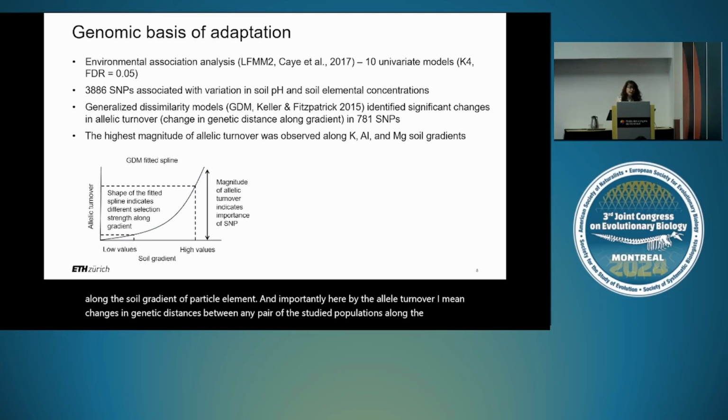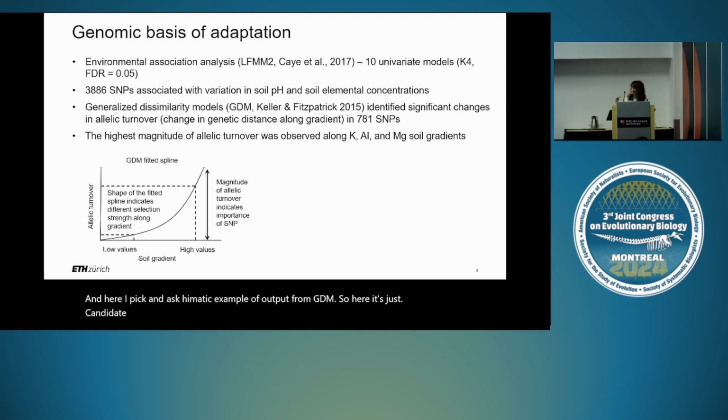Here I pick a schematic example of output from GDM, just for one candidate SNP. On the x-axis, we have the soil gradient, on the left side with low values, on the right side with high values. And on the y-axis, we have the allelic turnover. And we can check two things.